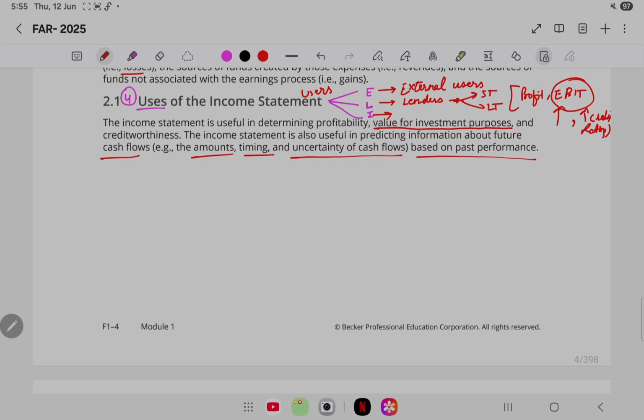Now the internal users, like the managers, evaluate a company's return on the basis of ROA, return on assets, or for a particular product line.